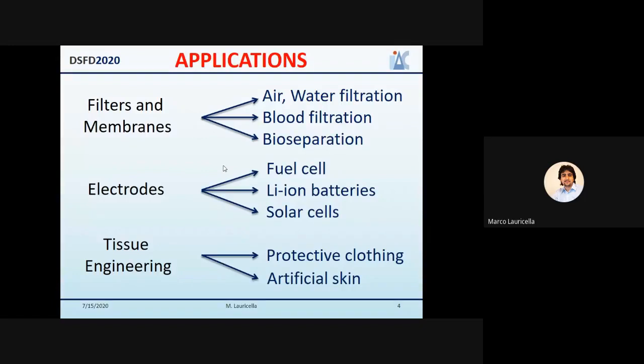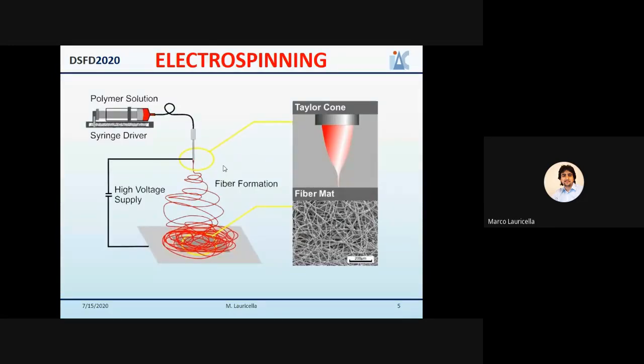Further, due to the high porosity, electrospun materials can be used also as electrodes for fuel cells, lithium-ion batteries, solar cells, but also, for instance, in catalysis. Moreover, electrospun materials can be used in tissue engineering, for example, for manufacturing protective clothes and artificial skin.